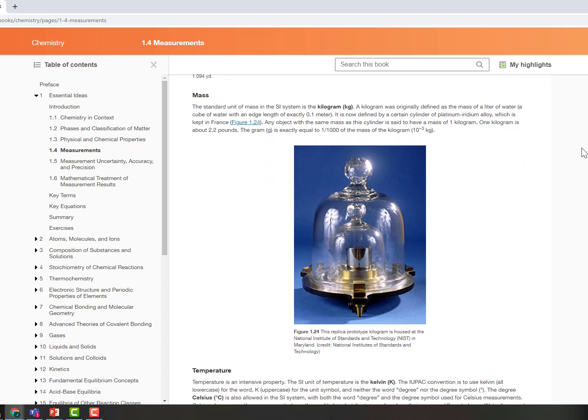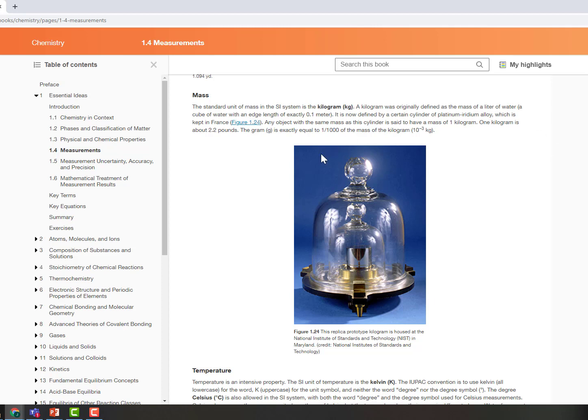We use kilogram in the SI system, and a kilogram is about 2.2 pounds if you want to relate that to English, although technically pounds is a weight and kilograms is a mass. But on the Earth, we can say that's true. In the lab, we aren't usually measuring things as big as kilograms, so we'll be using grams often.